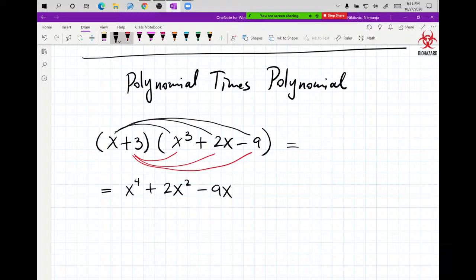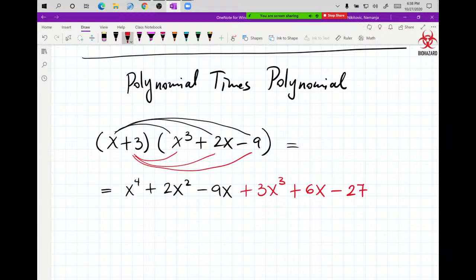And now we're switching to the red ones. Plus 3x cubed, plus 6x, minus 18. Minus 27. Oh, oops. That's okay.